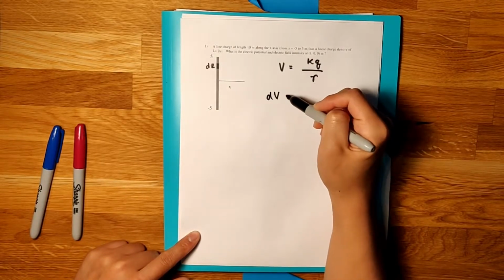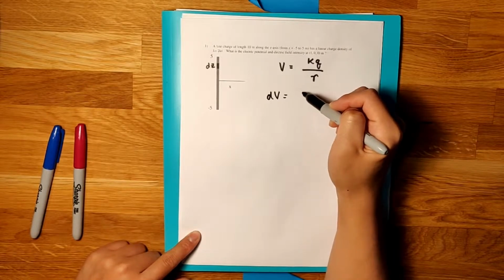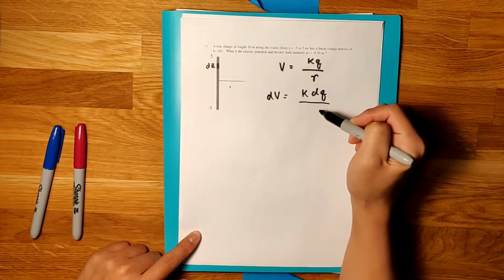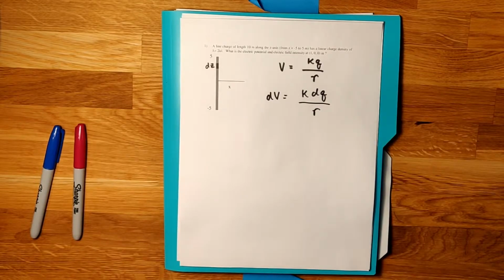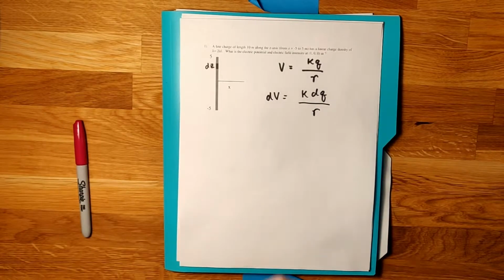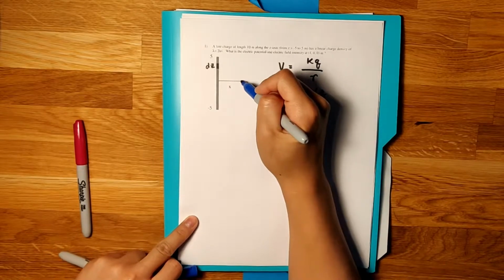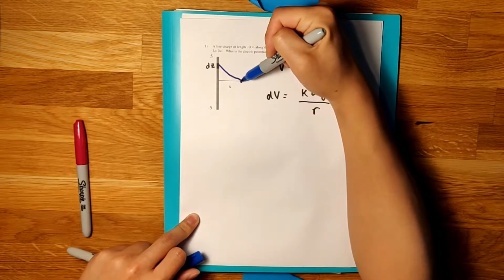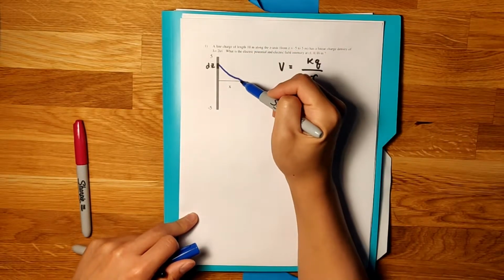So instead, we will use this equation, dV equals K dQ over R. And if you're interested in (1, 0, 0), which will be this point right here, then this point will be R.